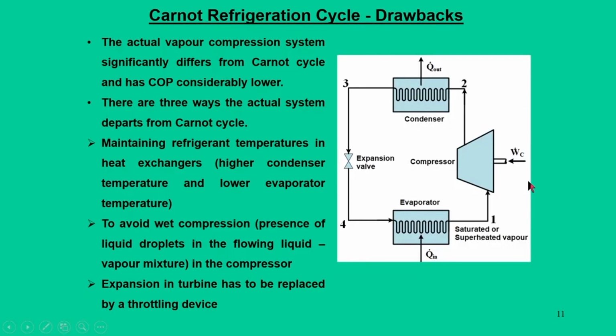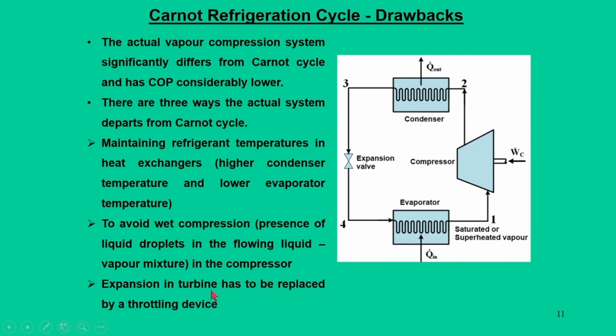But we require dry compression. So, we have to move from wet compression to dry compression, and thereby the isentropic compression that the Carnot cycle prescribes is not possible. So, avoiding wet compression in the compressor is another limitation.